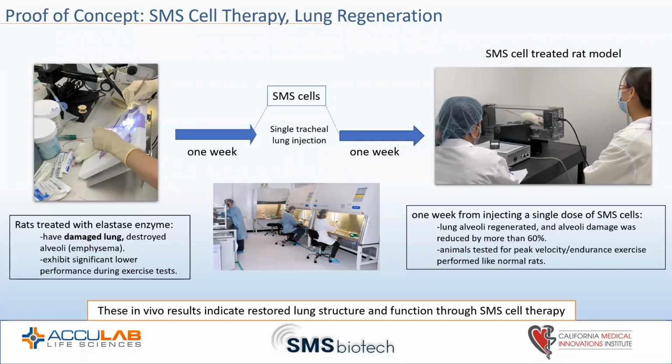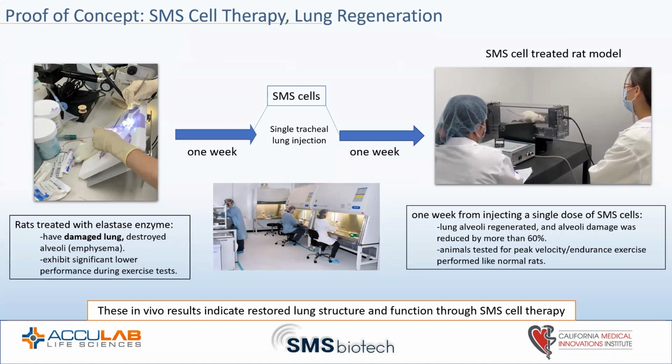In fact, in 1 week, we observed almost 100% regeneration in the alveoli. The animals were able to perform as well as their controls in terms of velocity and endurance during exhausting physical exercise tests.